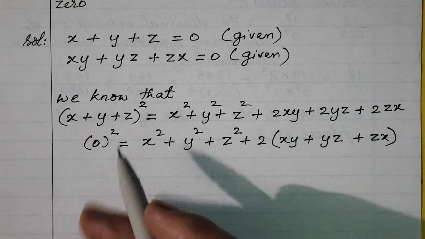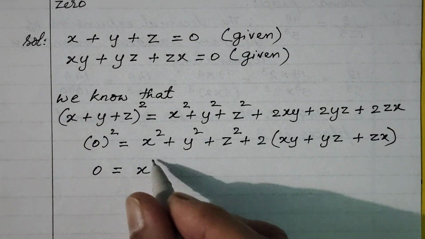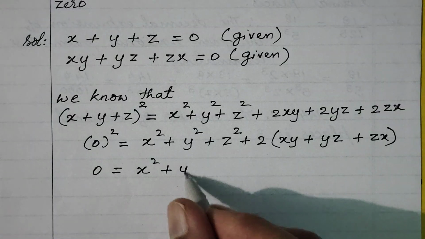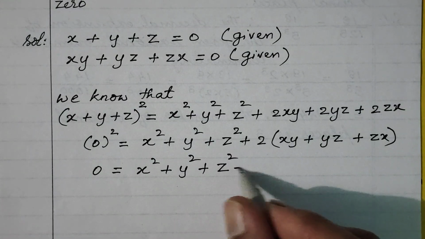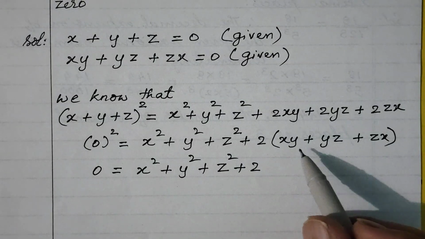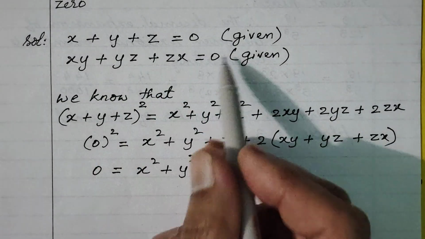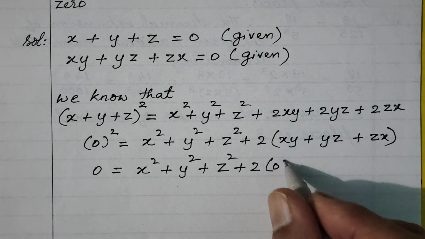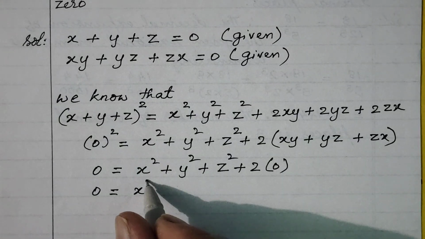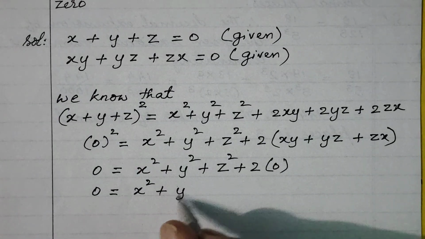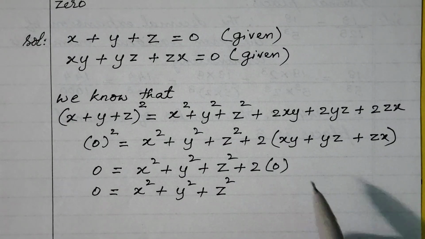So next, 0 square is 0. 0 is equal to x square plus y square plus z square plus 2. We know that we have been given xy plus yz plus zx is equal to 0. So I can put 0 here. So it will become 0 is equal to x square plus y square plus z square. 2 times 0 is 0.